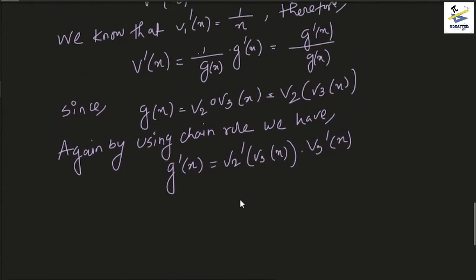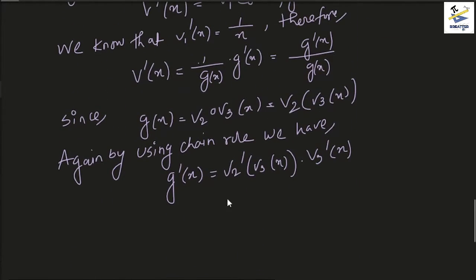Then since v2 prime x is cos x, this becomes cosine of v3 of x, and v3 prime x is just e to the power x. So this becomes e to the power x cosine of e to the power x, right, which is g prime of x.